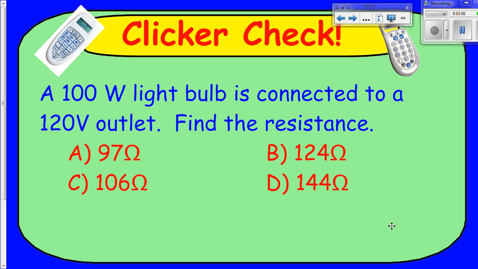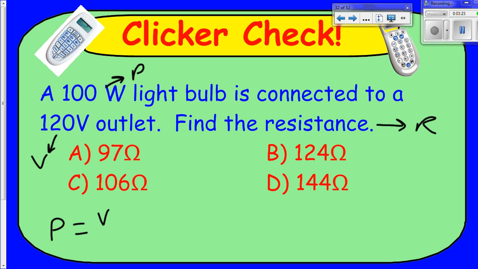Okay, let's do some practice. A 100-watt light bulb is connected to a 120-volt outlet. Find the resistance. Okay, we know the power. We know the voltage. We want to find the resistance. If I look at those three, I'm going to use this equation here.